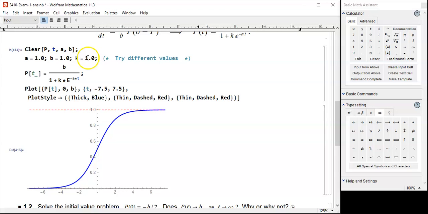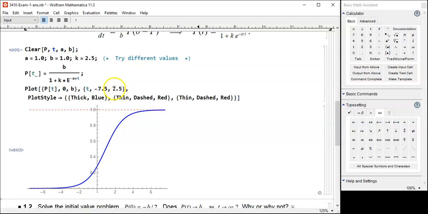Let's change this thing a little bit. Instead of starting from 0, let's change it into, say, 2.0, maybe a little bit more, 2.5. Okay, and then let's go a little bit more to the right.